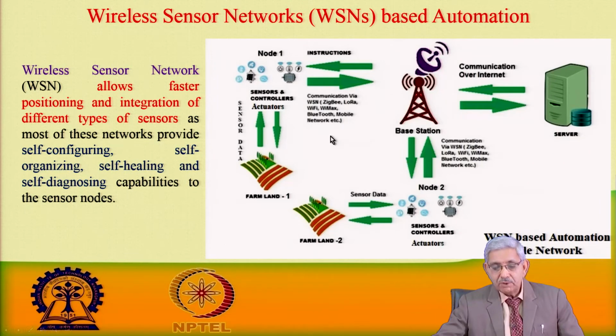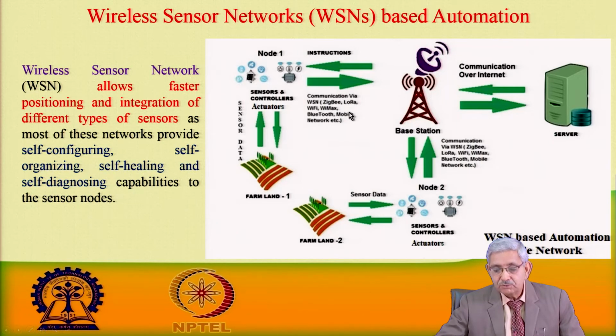This is one sensor node, node 1, and this is another sensor node, node 2. The sensor data is transmitted, and then the pump or electric motor will actuate based on the control.